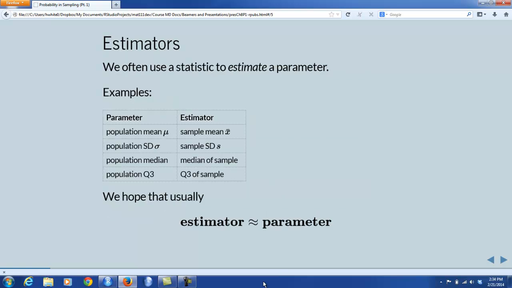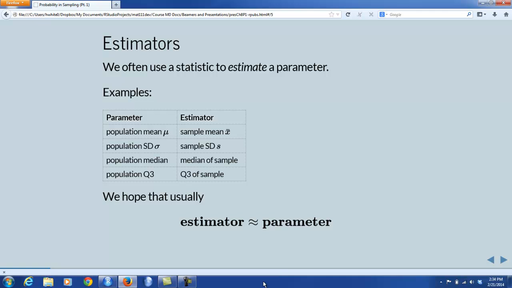Now generally we use a statistic to estimate a parameter of some sort. There are some familiar parameter and estimator pairs that you're already intuitively familiar with even before you begin a course in statistics. For example, if you wanted to estimate the mean of a population, denoted by mu, you would probably use the mean of a sample that you've taken from the population, and this sample mean is denoted x bar.